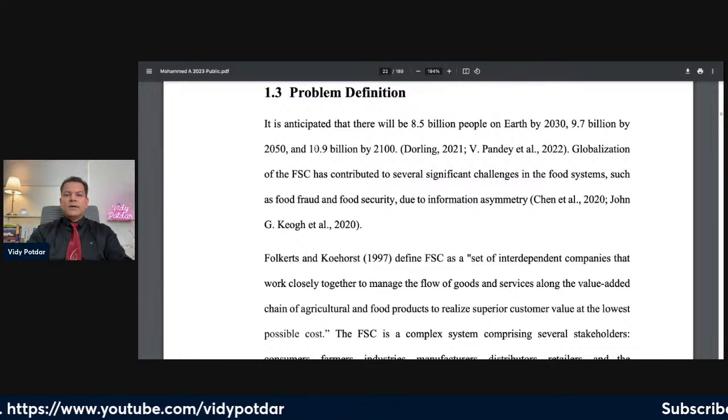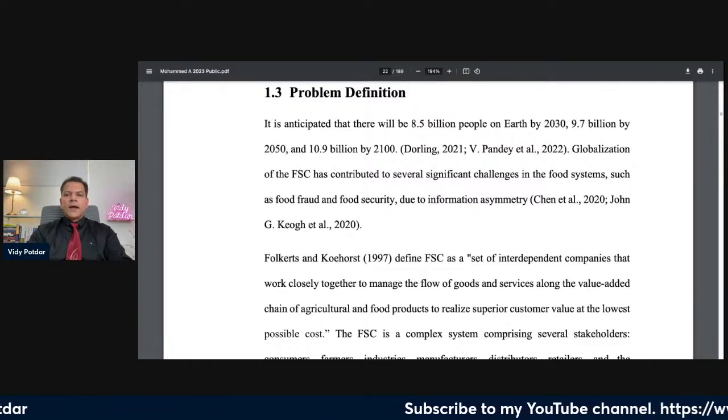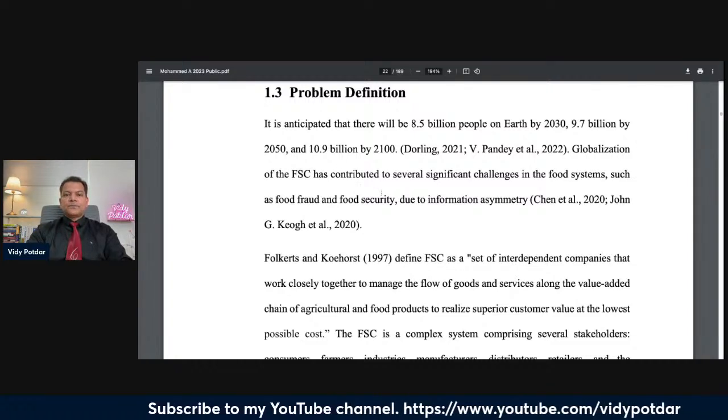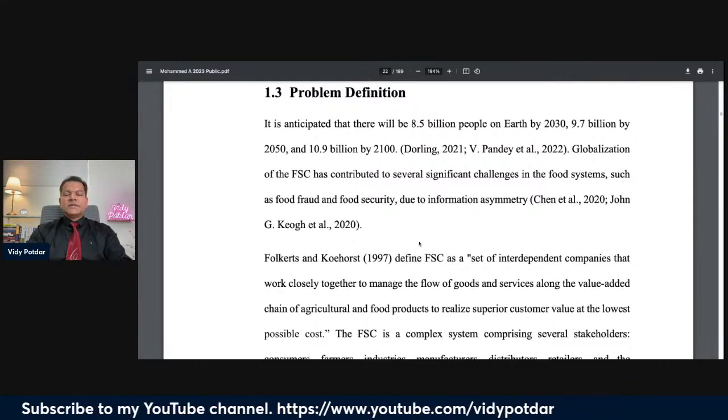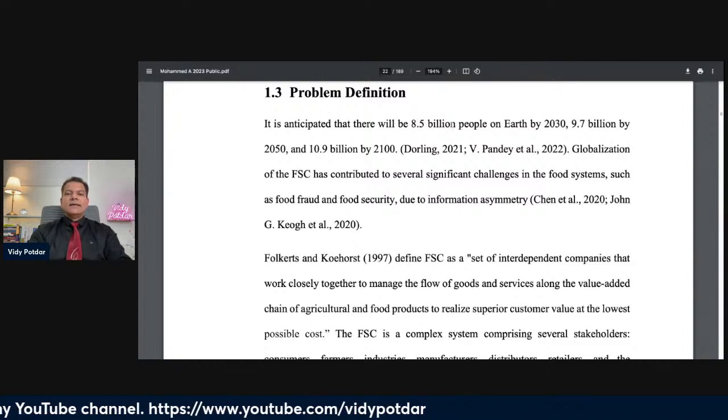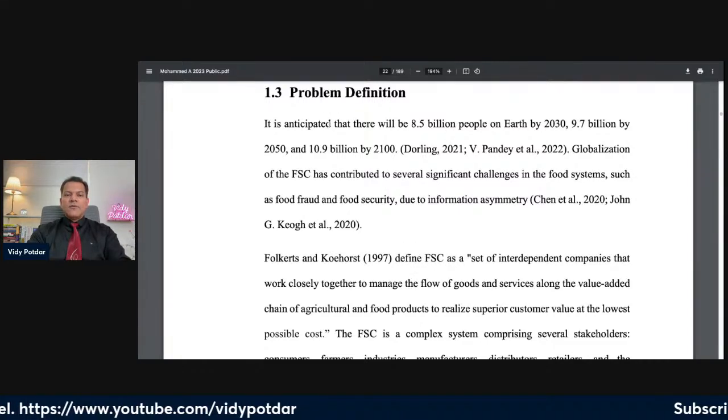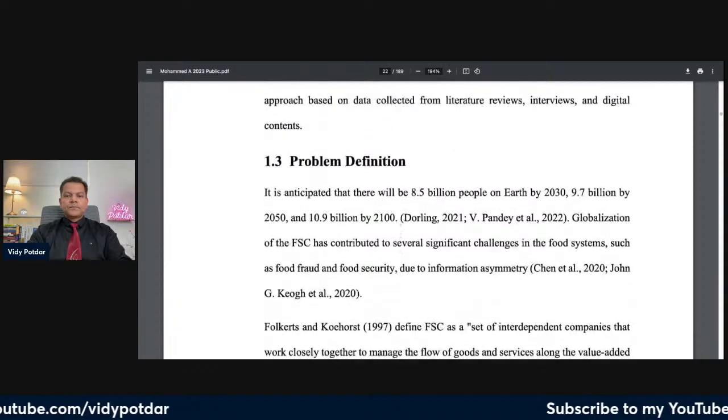So these numbers show the potential size of the problem, and hence position this thesis as addressing a very important aspect and a very important problem.